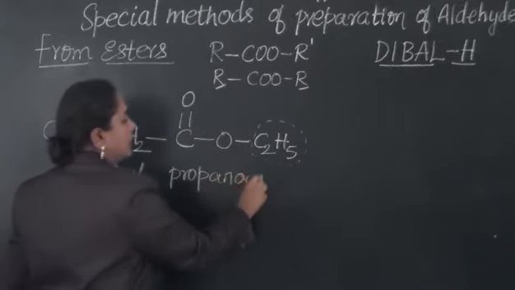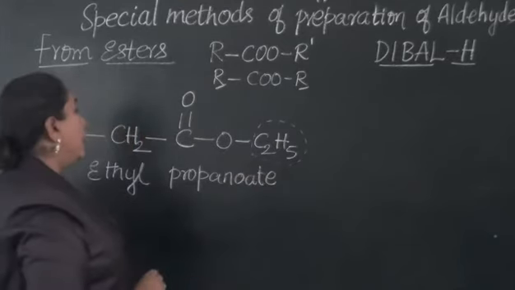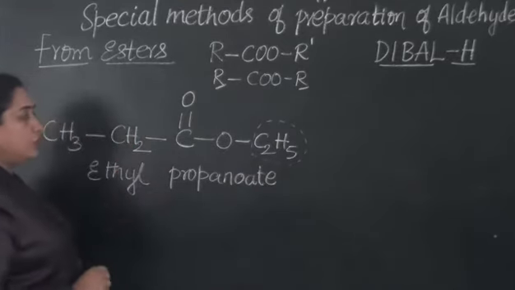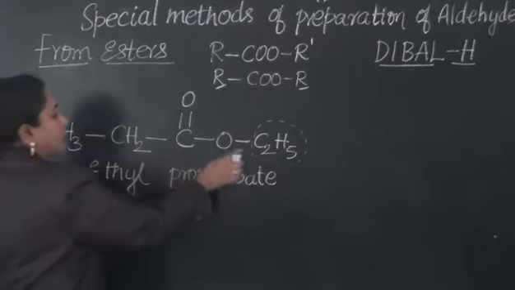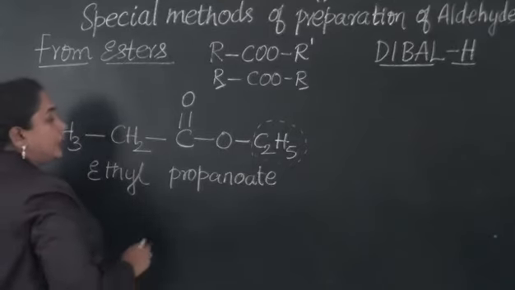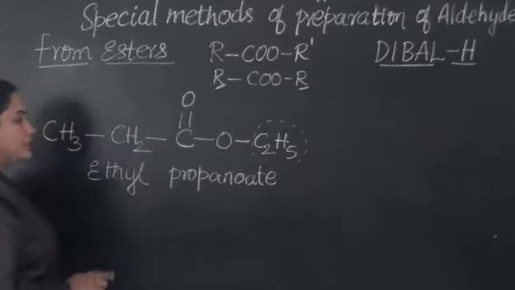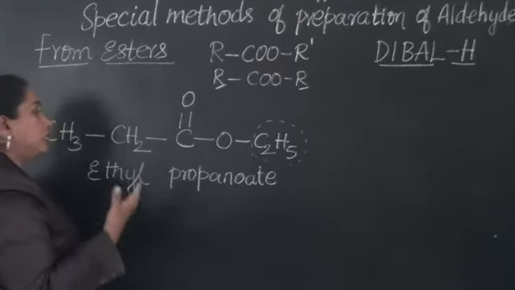So this is our starting material. This is the ester that we are considering. Or else by another name we can also call it this way. There are 3 plus 2, 5 carbon atoms. So for 5 carbon atoms, the root word to be used is pent.